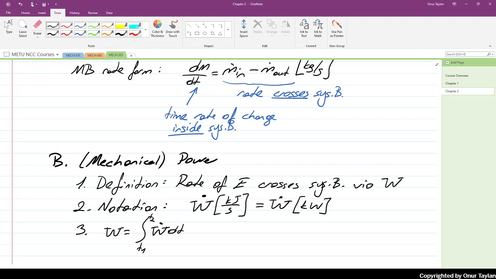Suppose you have an electrical heater. It consumes 500 watts. Okay, it's rated at 500 watts. So when you plug in, for each and every second, it consumes 500 joules.